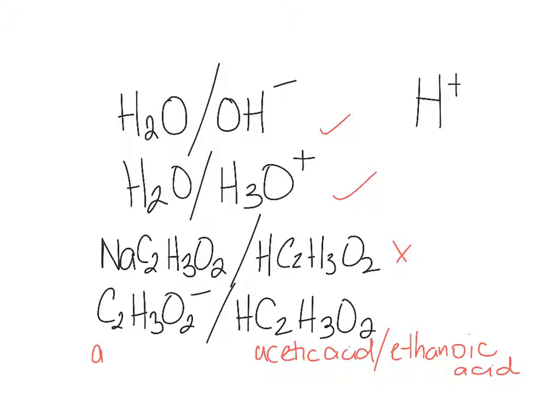And this is called the acetate ion, or the ethanoate ion. So those are conjugate acid-base pairs.